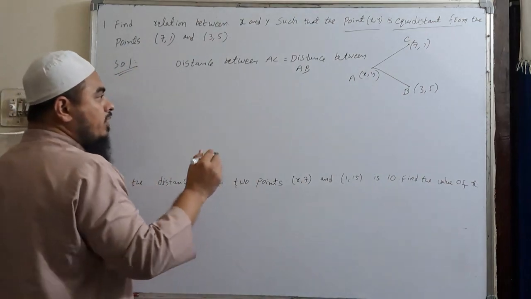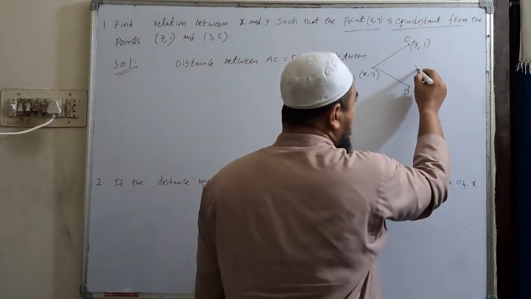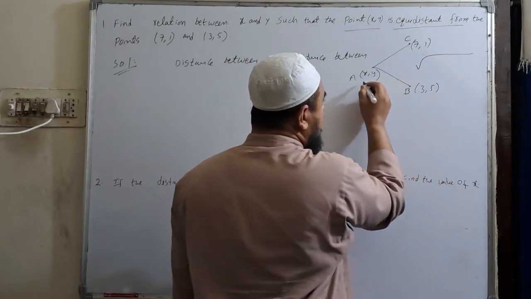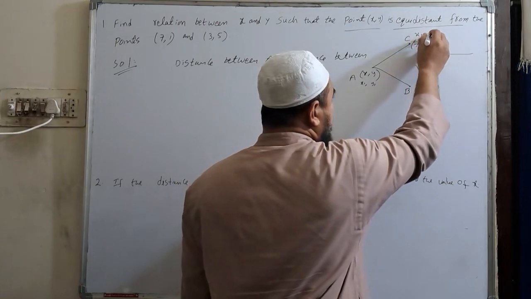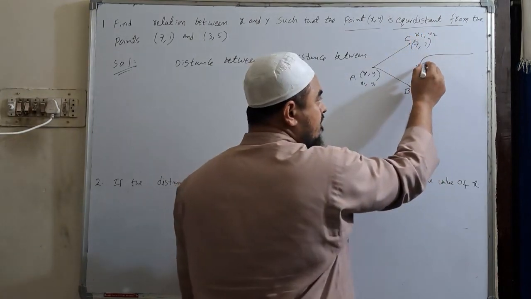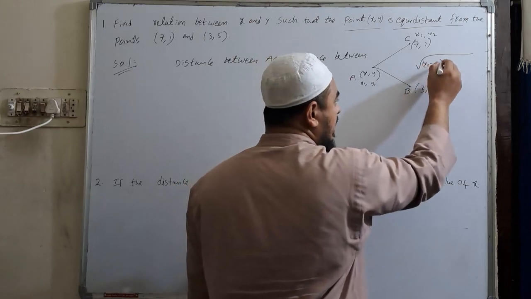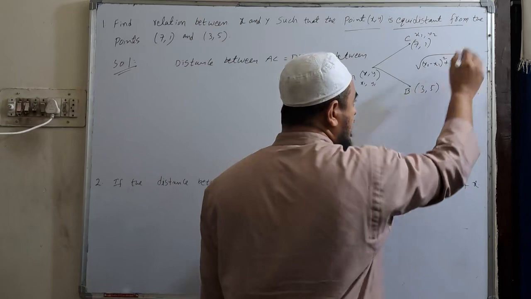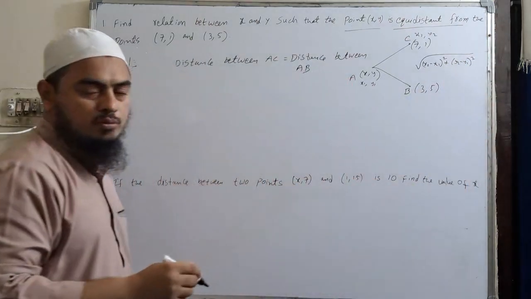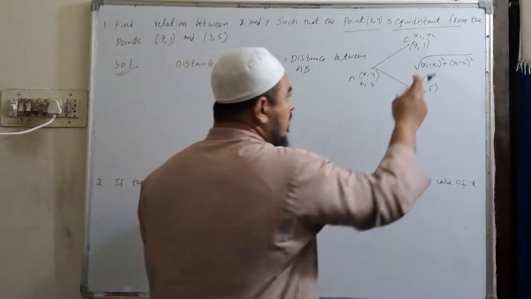So we know the formula for the distance between any 2 points. Suppose you take one point as (x1, y1) and the other as (x2, y2). The formula is the square root of (x2 minus x1) whole square plus (y2 minus y1) whole square.